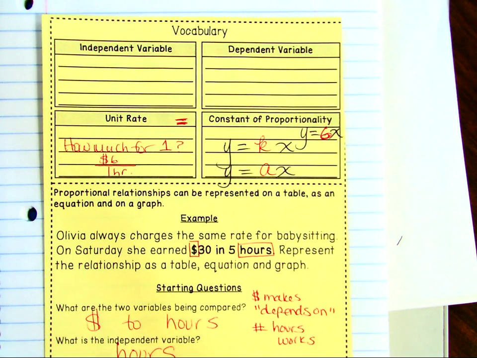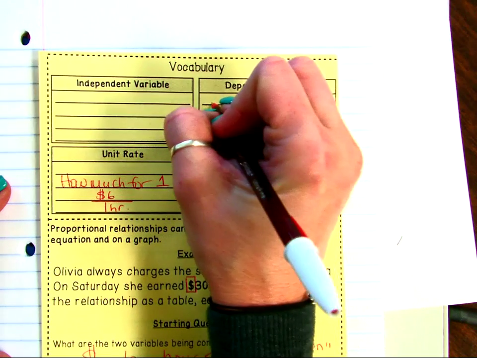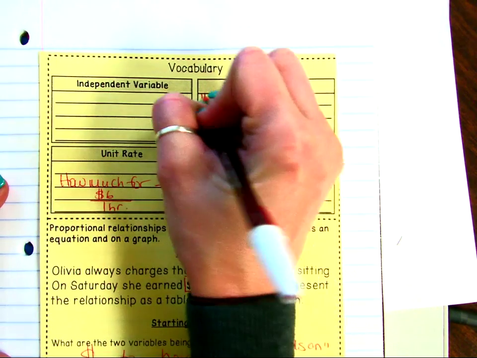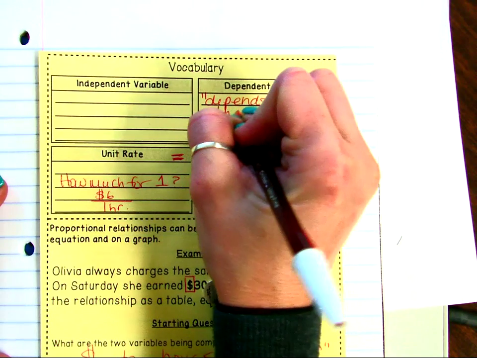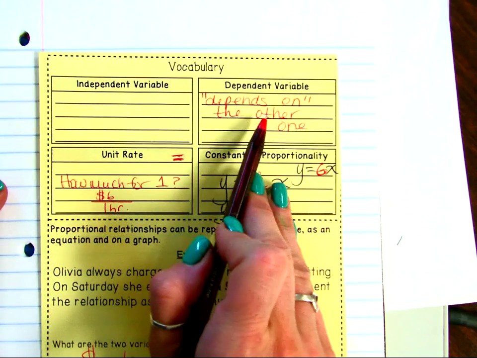So let's just really quickly define independent and dependent. The dependent depends on the other variable. Okay, and for the sake of time, the dependent depends on the other one.